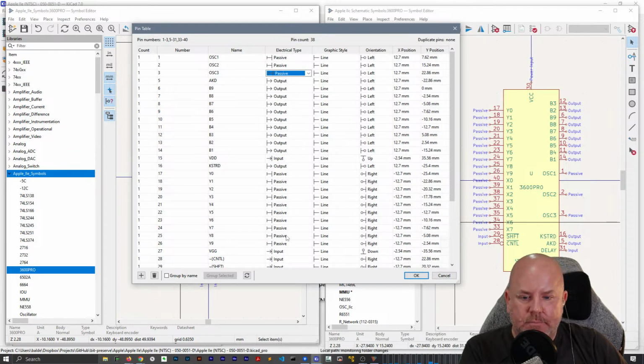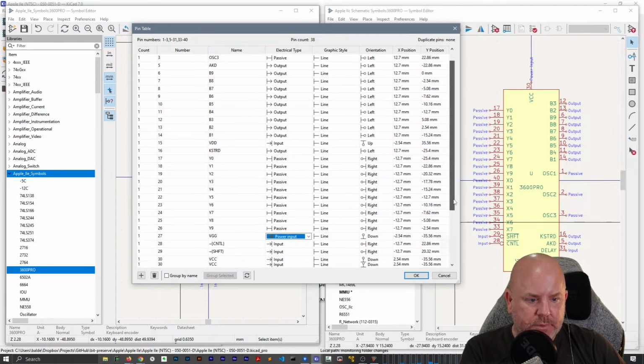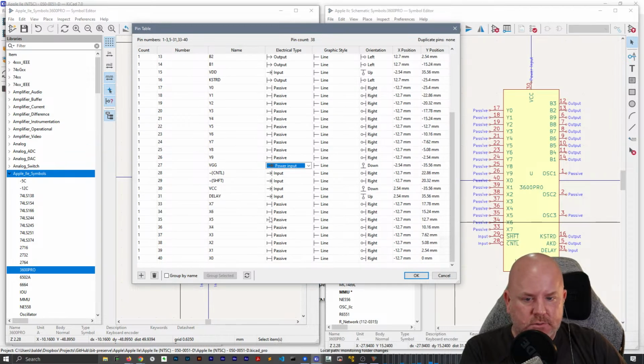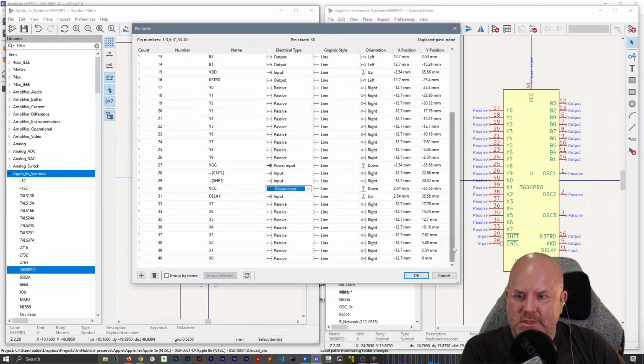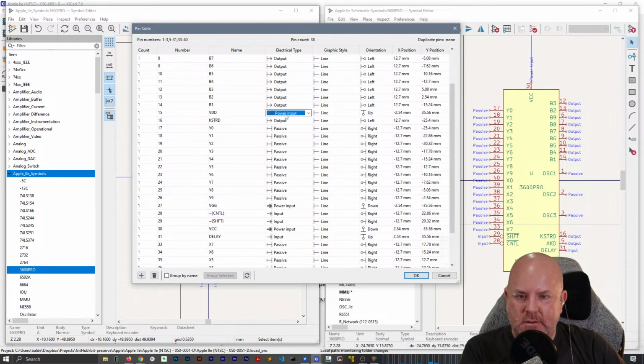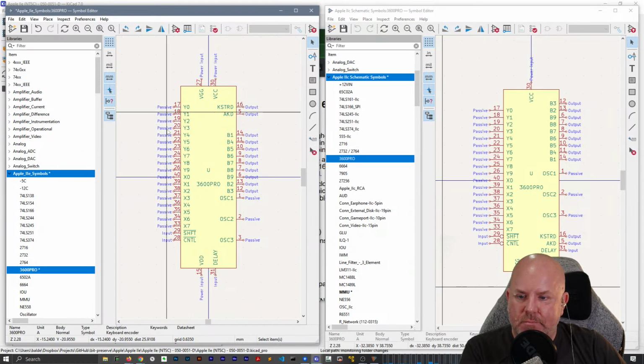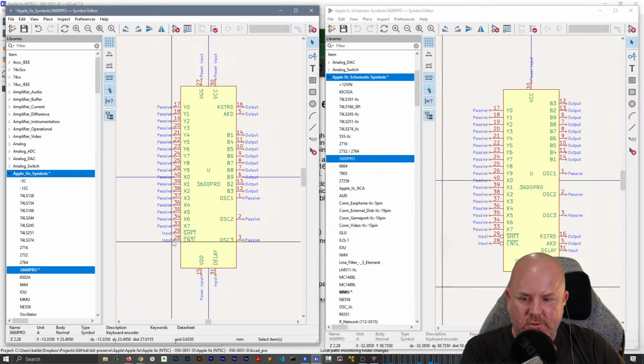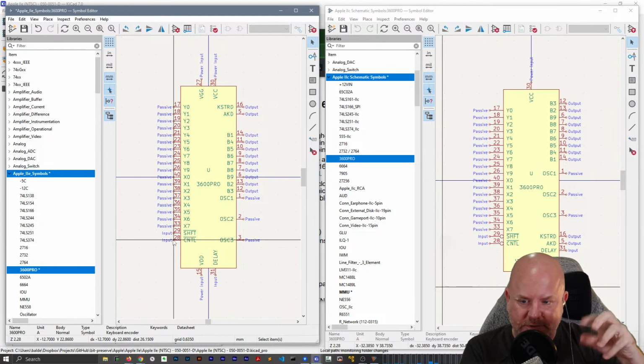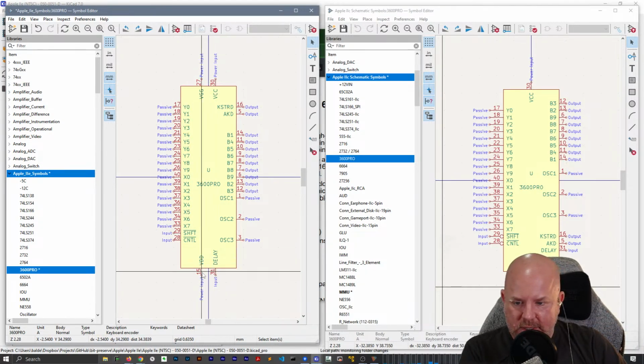Okay, let's get the powers. Now where are the others? So there should be 27, 30, and 15. Okay, let's take a look at that symbol. So we've got passives over here, inputs for shift and control. Those are literally the shift and control keys on the keyboard.